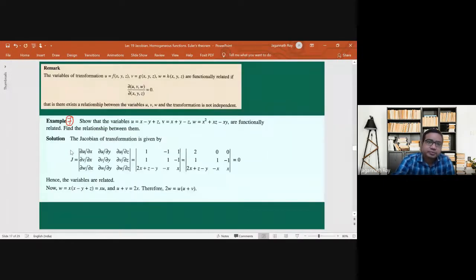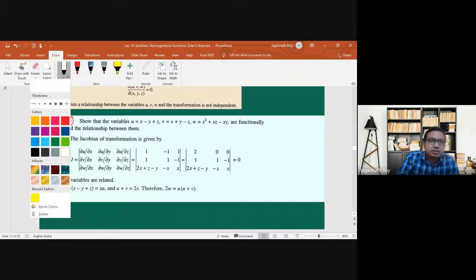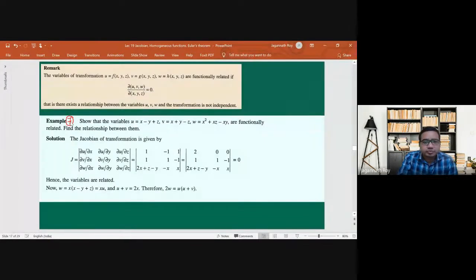That is the remark. So if you think about these functions u, v, and w, here x, y, and z are independent variables, and these are the functions u, v, and w.